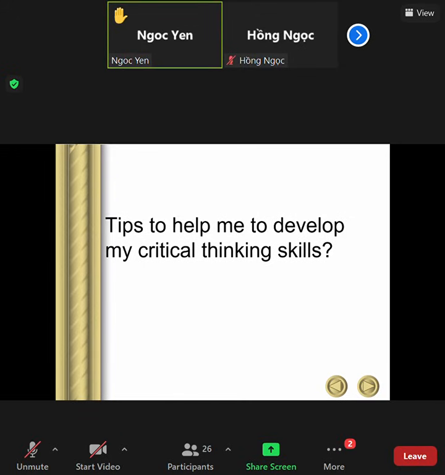So for me, when I approach a difficult problem, for example, a complex case script, I usually use a mind map to break things down, to break the problem into smaller sections or smaller pieces, so I can work with the smaller sections.